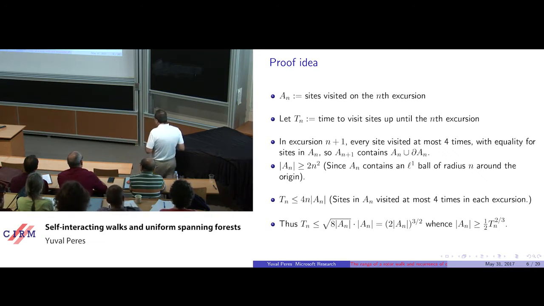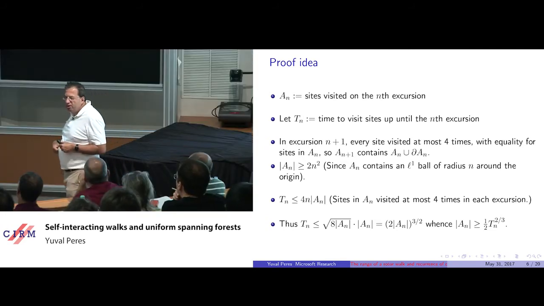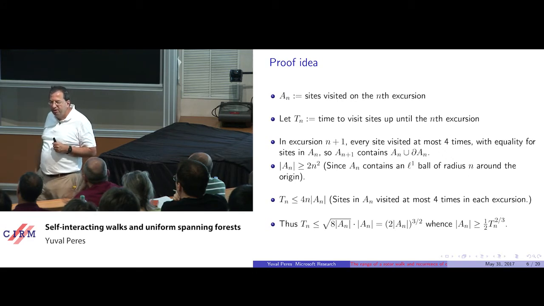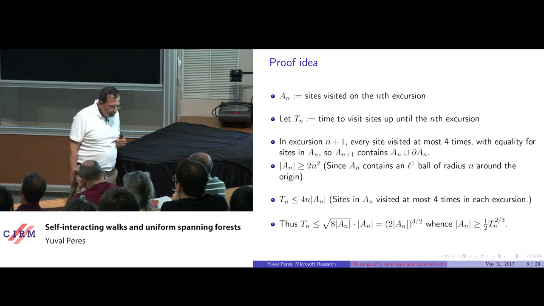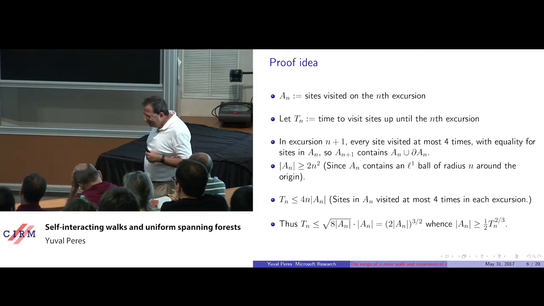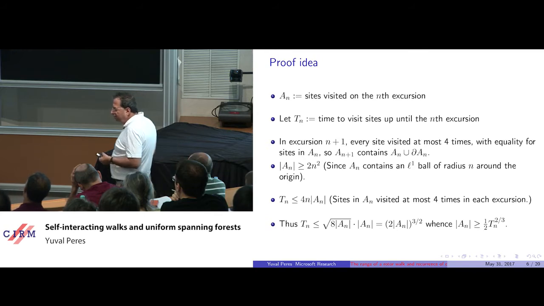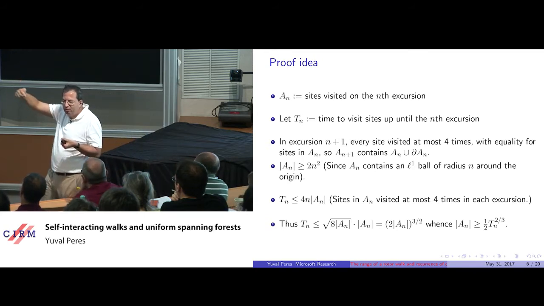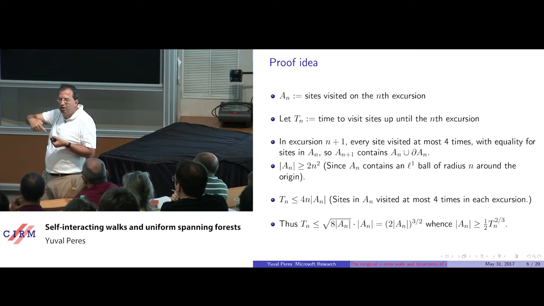I claim that in an excursion, that neighbor has to be visited 4 times. So once you verify that, you can, by induction, conclude that anything with a path pointing to the origin will be visited 4 times in an excursion.